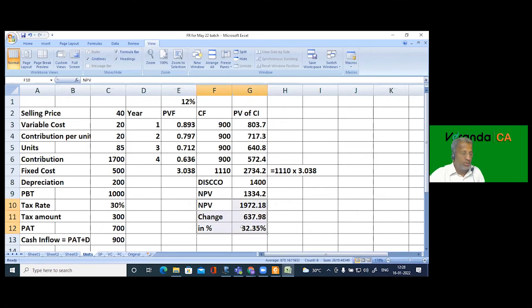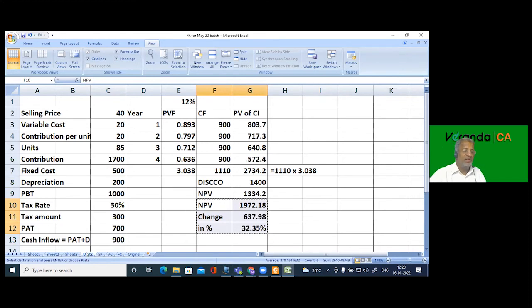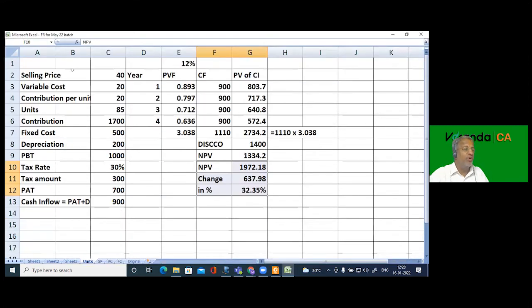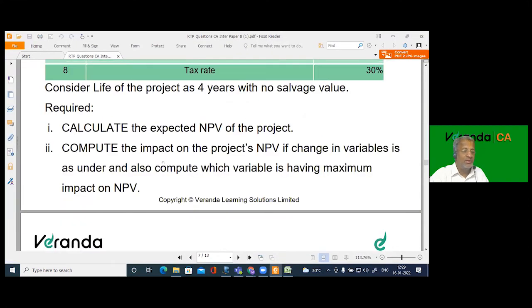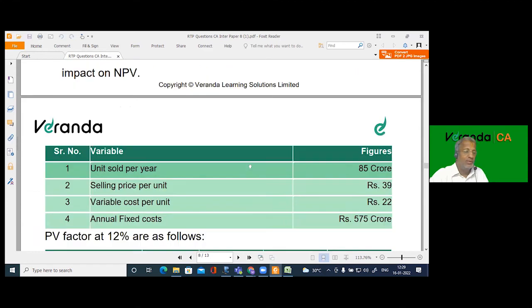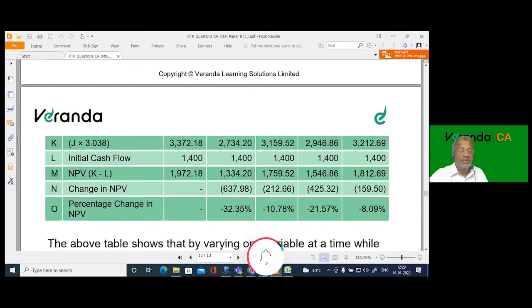So I would like to take up this units and I would like to put the selling prices, variable cost, fixed cost. Okay. Now, which one is more sensitive? The percentage change is more sensitive in the case of units, and therefore more sensitive is units. What was the question that they asked? Which variable has got a maximum impact on NPV? So, what is it they have mentioned? Just see 32.35.